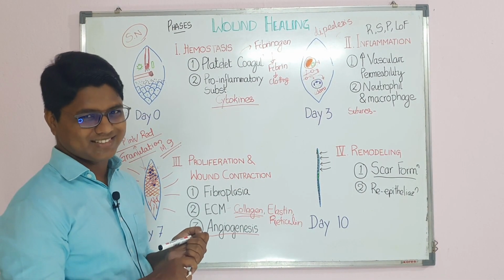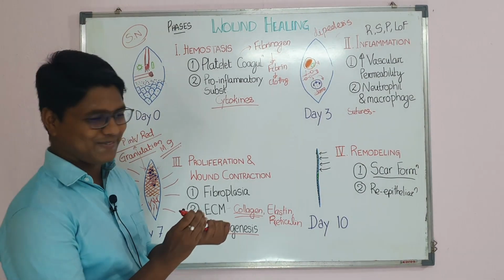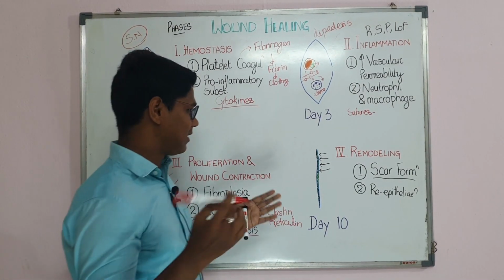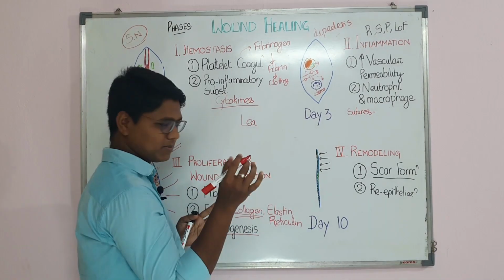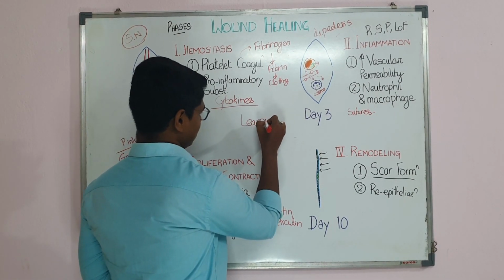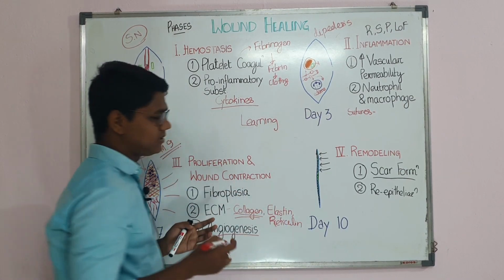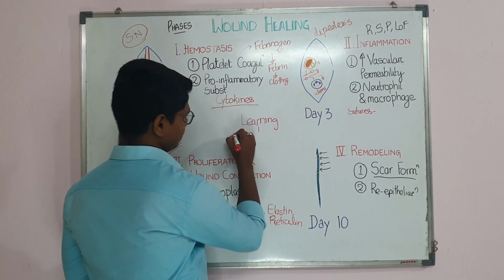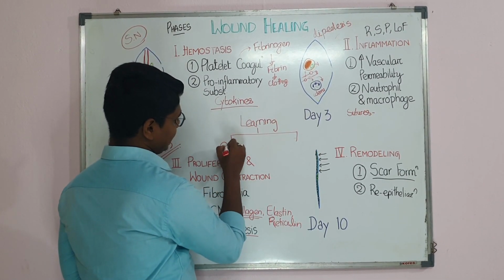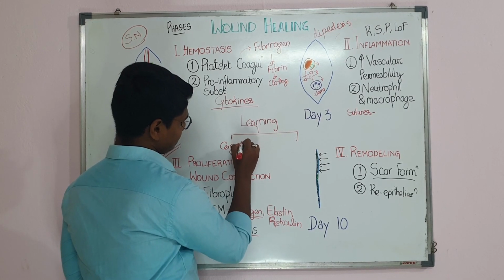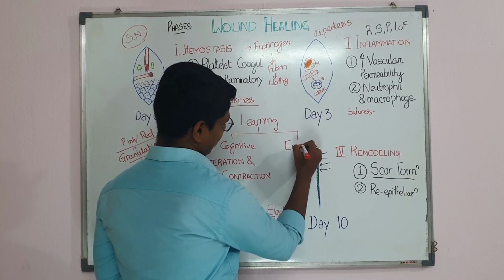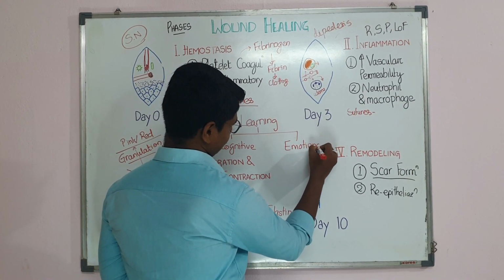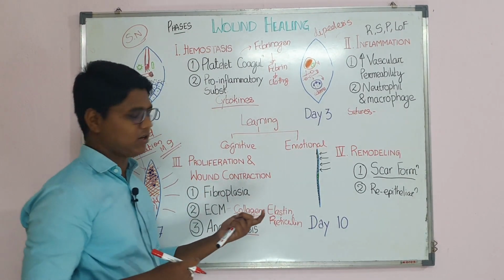Don't be a topper. I don't have any problem with the toppers, but see, learning, this is out of the box, but you should know, learning can be of 2 types. Cognitive learning, and next is emotional or emotive learning.